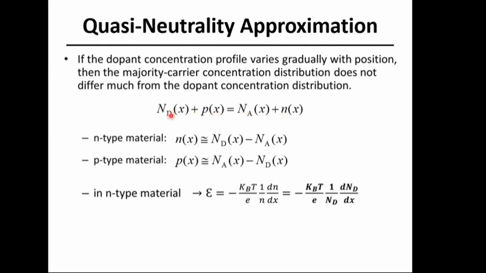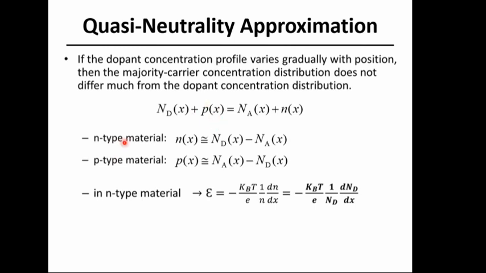Since we know that roughly the density of the donor will be equal to the concentration of the electrons, and the density of the acceptor will be roughly equal to the concentration of holes.